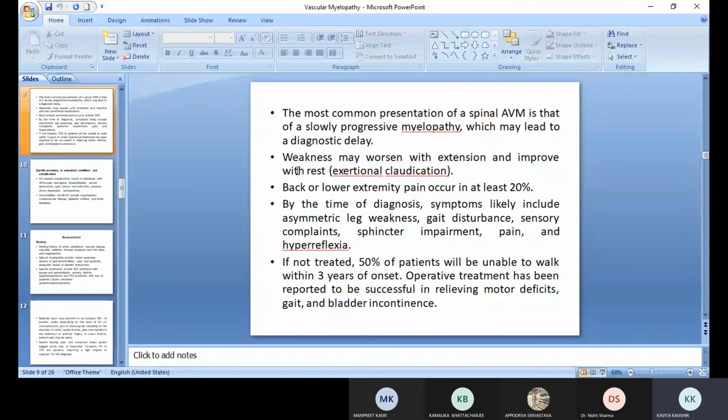And if we do not treat the arteriovenous malformation, then 50% of the patients will be unable to walk within 3 years of onset. Operative treatment has also been reported unsuccessful in relieving motor deficit, gait, and bladder incontinence.